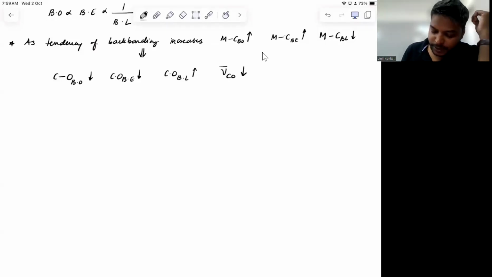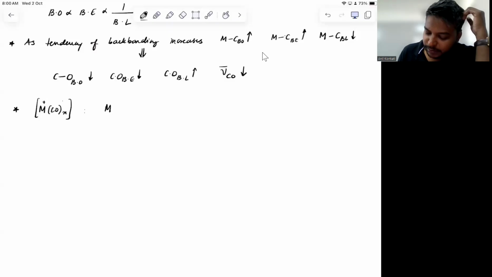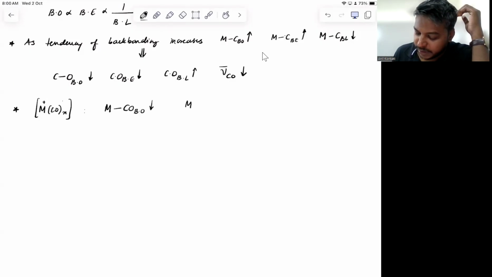Check out. In case if you have metal with a carbonyl compound present and some XM, but this has positive charge on it, then metal carbon monoxide bond order will be weaker, which makes carbon and oxygen bond order to be stronger.